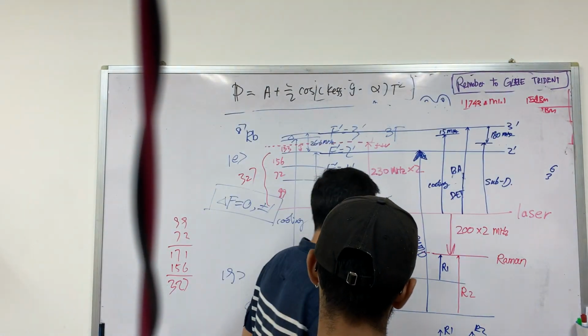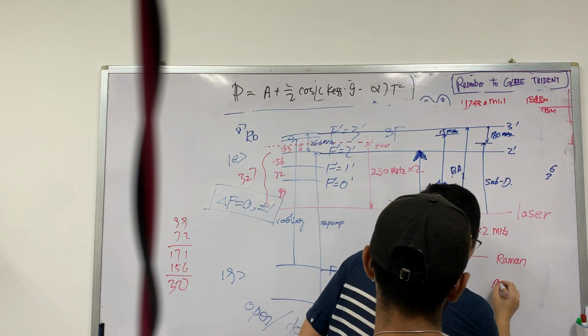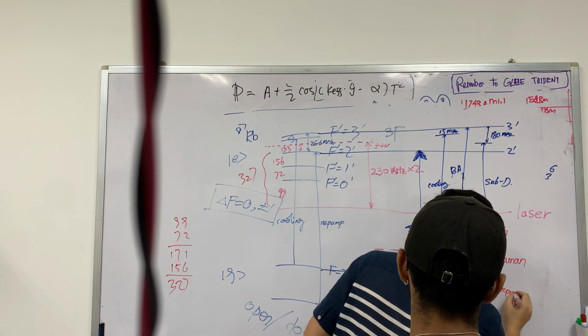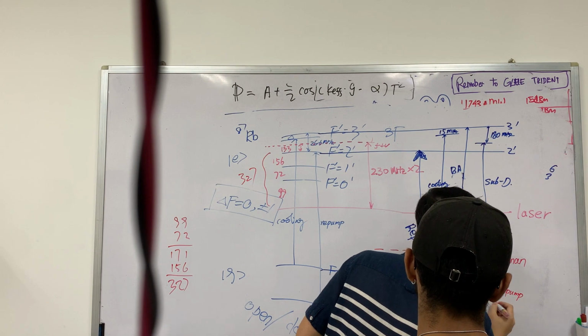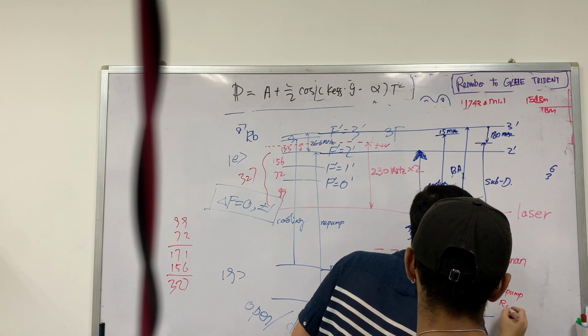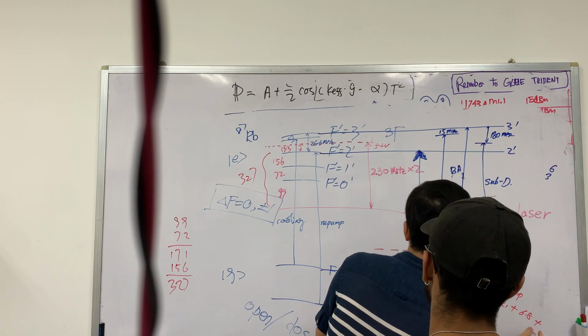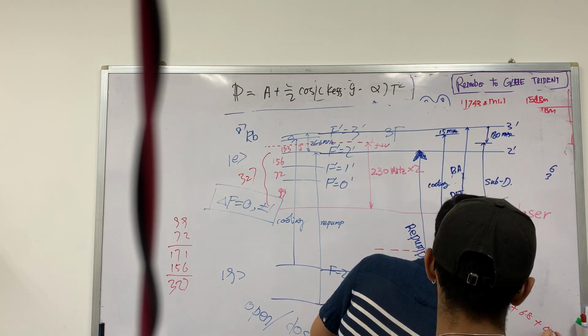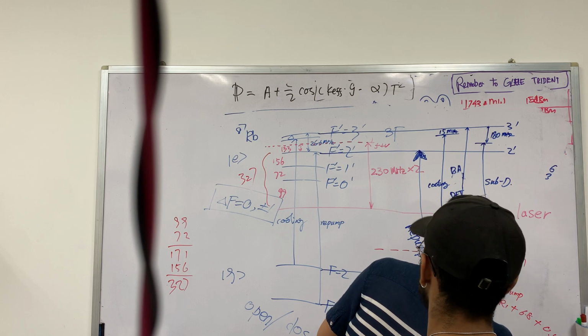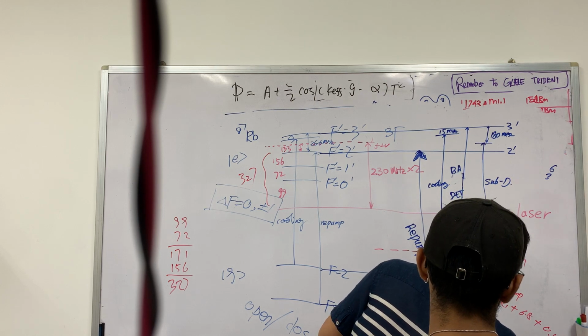That's why repump needs to be R1 plus 6.8 plus 0.4 plus 0.327.